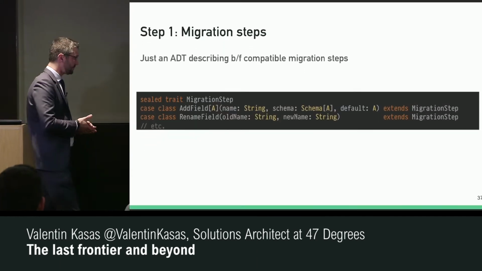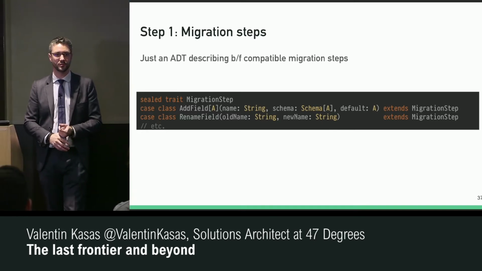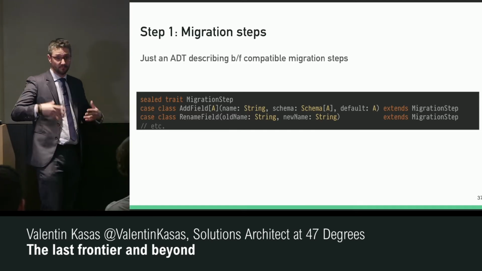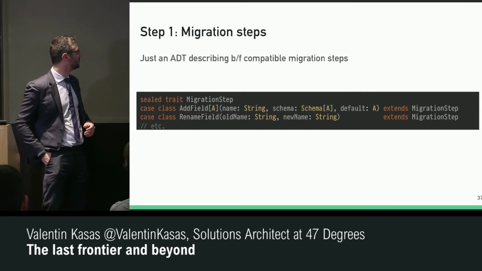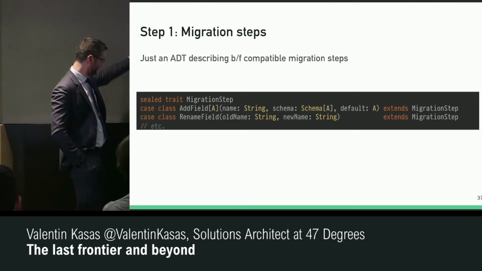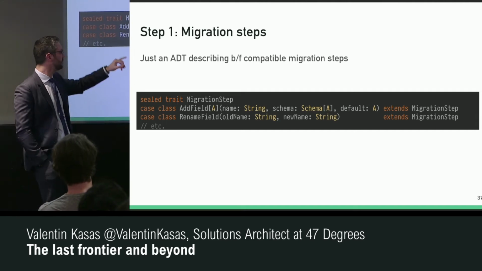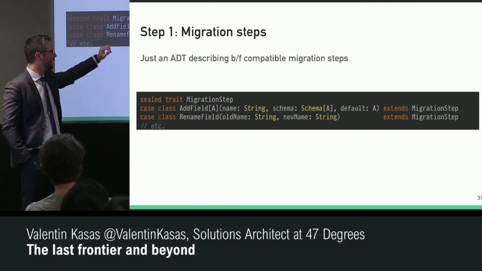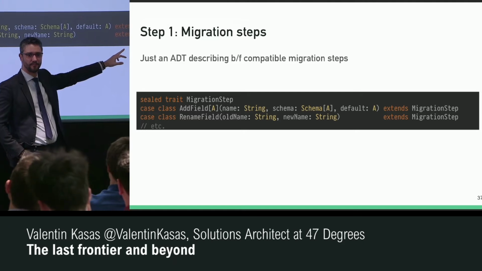So first, let's look at the operation, the changes you're allowed to do on your ADTs. It's basically just yet another ADT. I've written a few different migration steps here, but for example, to guarantee backward compatibility, you're allowed to add a field to a record as long as you provide the default value, right?